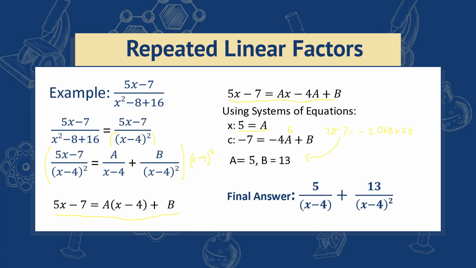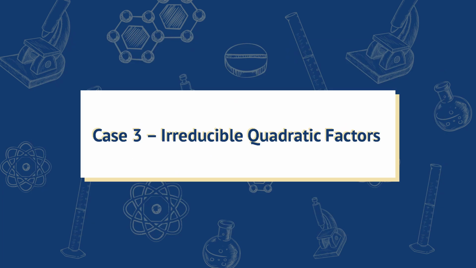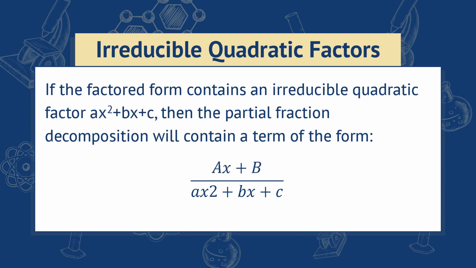So for our next case, case 3, irreducible quadratic factors. So what are irreducible quadratic factors? If the factored form contains an irreducible quadratic factor ax squared plus bx plus c, then the partial fraction decomposition will contain a term of the form ax plus b divided by the quantity of ax squared plus bx plus c.